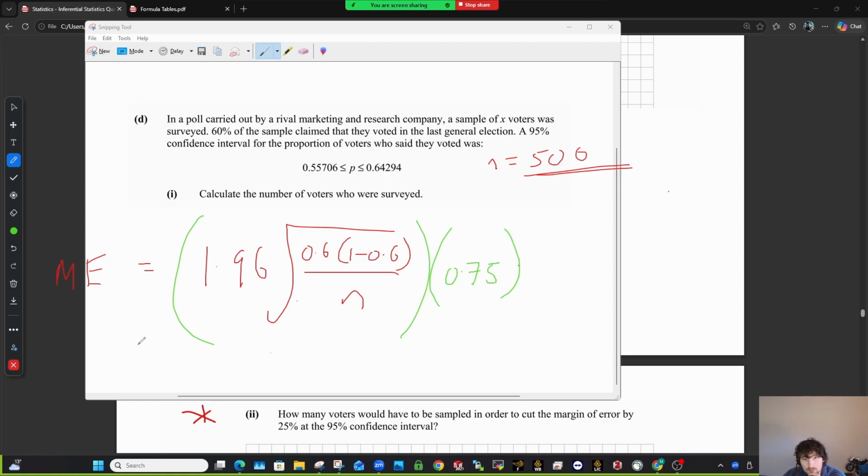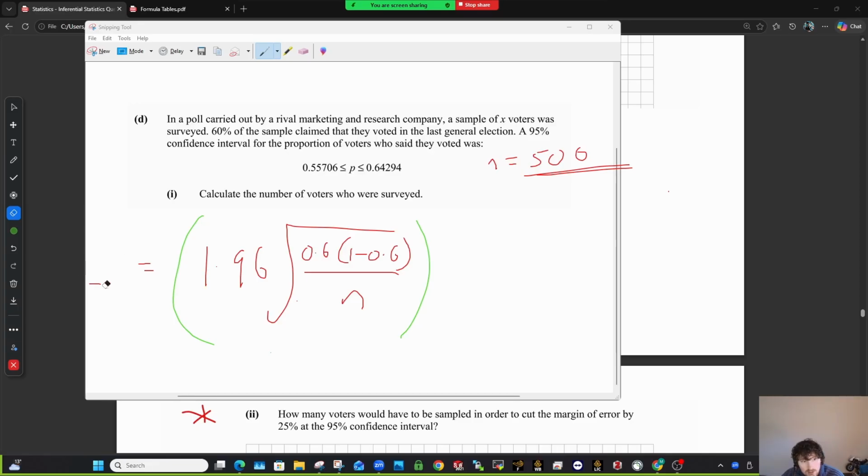Hopefully that makes sense to people. That's going to be what our new margin of error is. So we're looking for what the value of n is that gives this. We need to actually know what that margin of error becomes. If you remember from the last question, let me show you exactly how to type this in here, because we want to keep the n unknown.